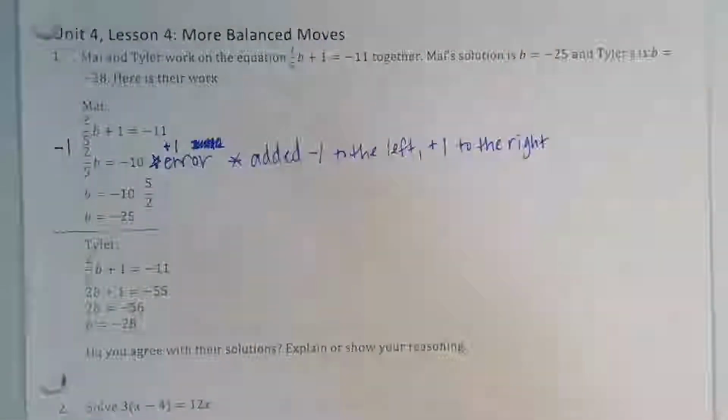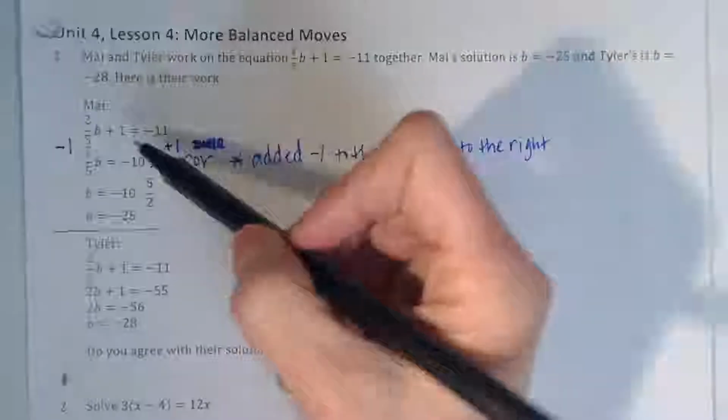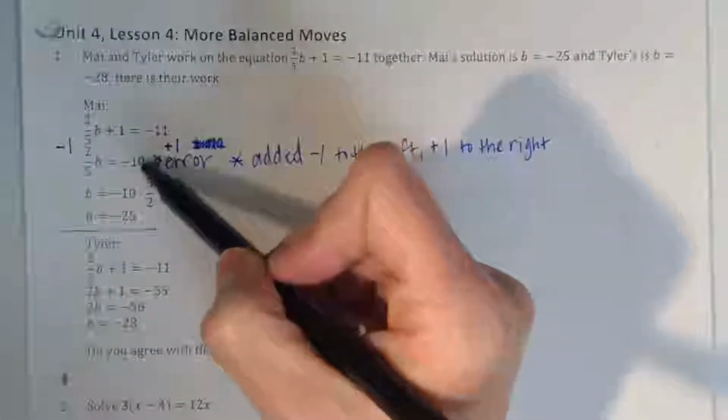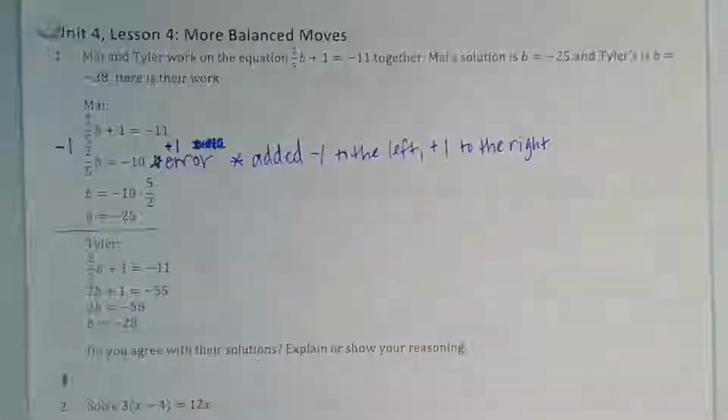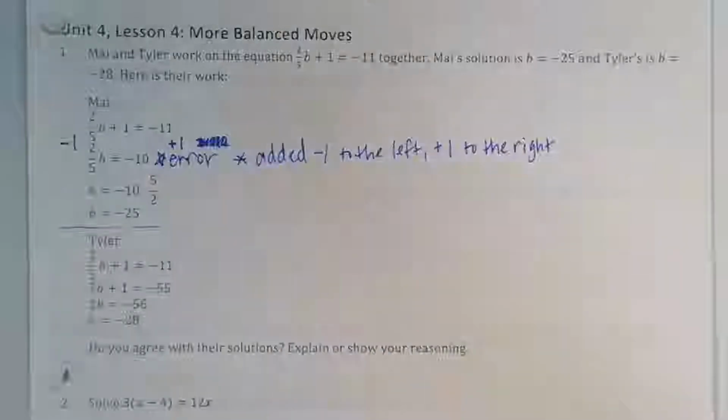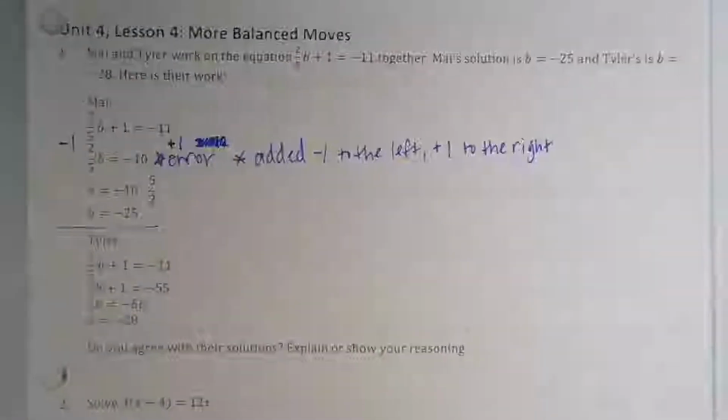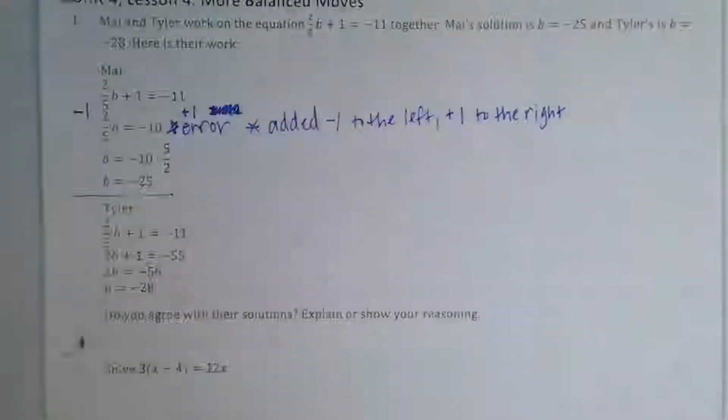Whatever you do on one side, you have to do on the other. Be very careful, because if you haven't practiced your positives and negatives, and you're not thinking through exactly how adding these kind of numbers work, you will get caught with an error. So please be very, very careful.